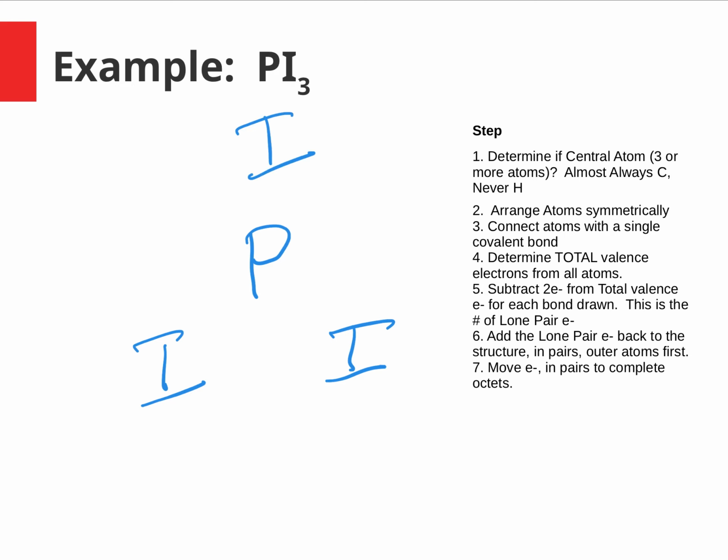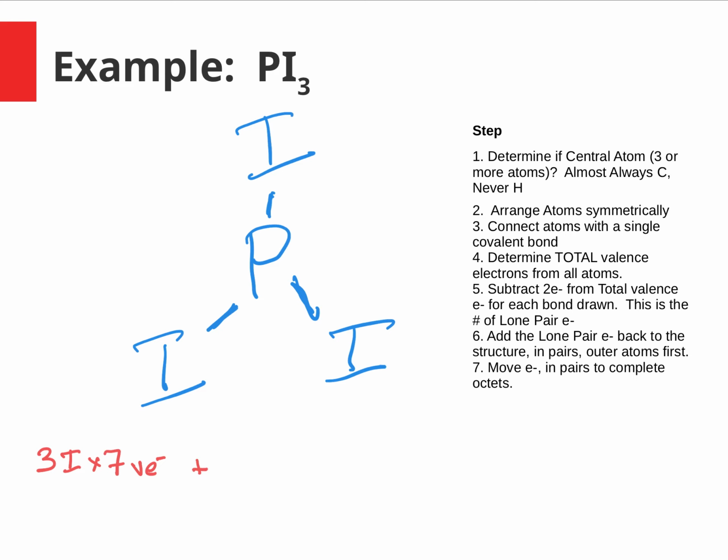Now the next thing you do is connect them up. So there's 1 connection, 2 connection, 3 connection. Now, the next step is to determine how many valence electrons each has. There are 3 iodines, and each one brings in 7 valence electrons.